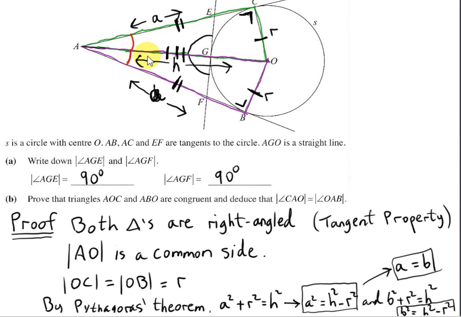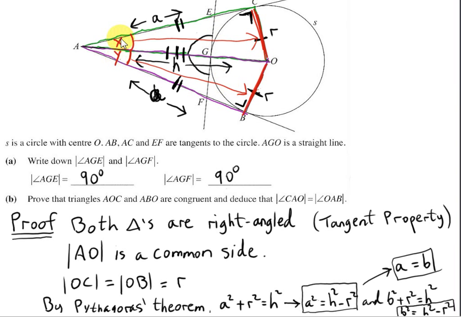Now, I'll call this angle X, use a capital letter for an angle, and this angle Y. Now, what can we say about X and Y? Well, they're both opposite equal sides in the two triangles. They're both opposite the side of length r. So these two sides are corresponding sides in the two congruent triangles.